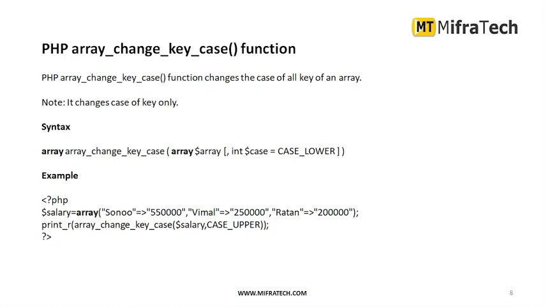When we are declaring in lower case and printing the array, here you can see that the salary and name keys have been printed in upper case. This is how it will work. We can use many other functions for changing case, lowercase, uppercase, the value, etc.